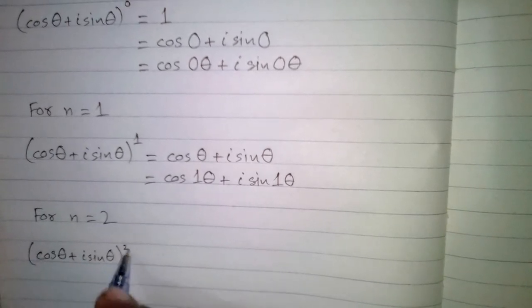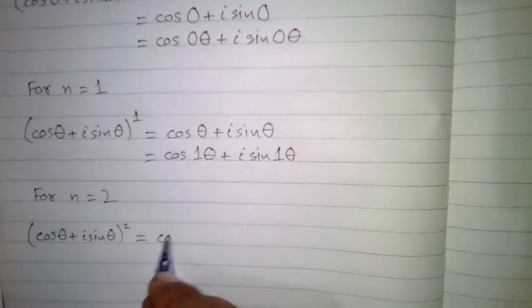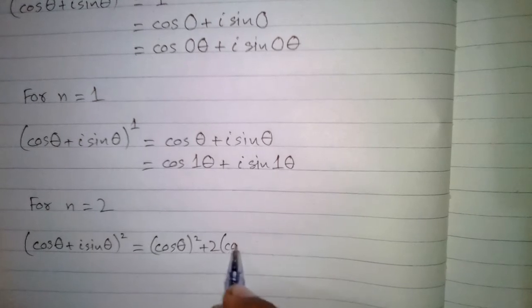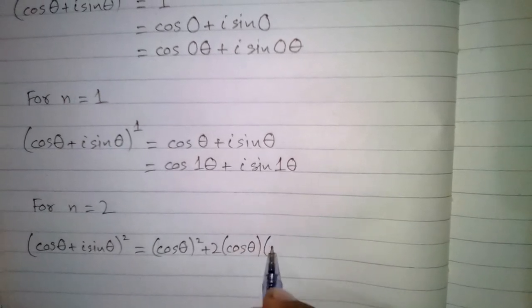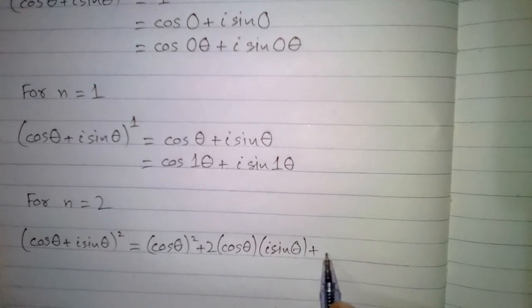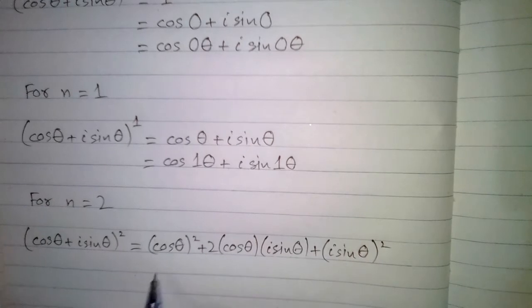Now another example, for n is equal to 2, we have (cos theta plus iota sin theta) raised to the power 2. Now here we can apply the formula, so we have cos squared theta plus 2 times cos theta multiplied by iota sin theta plus (iota sin theta) squared.